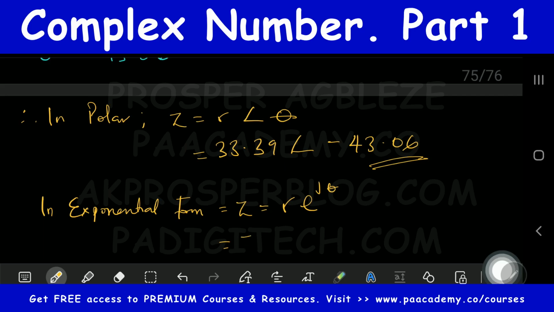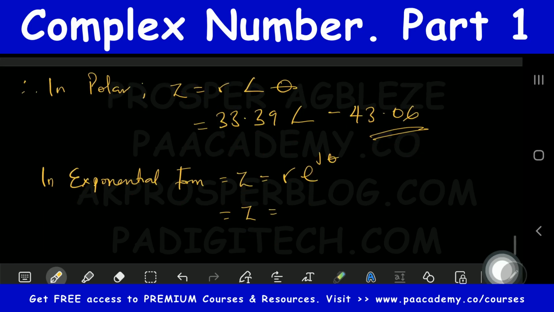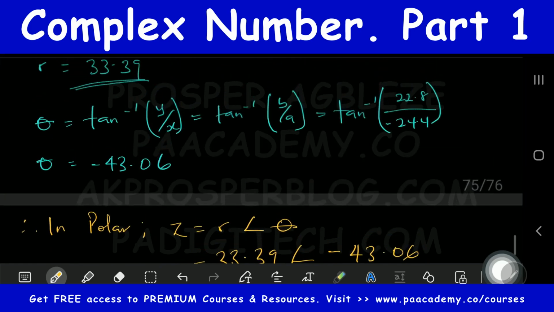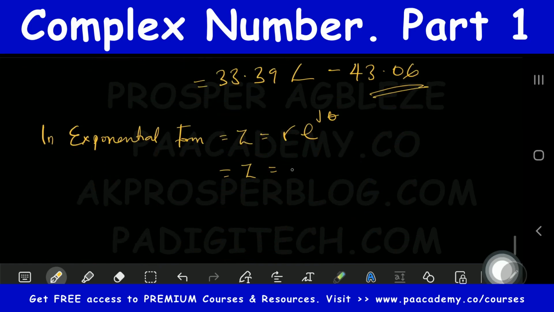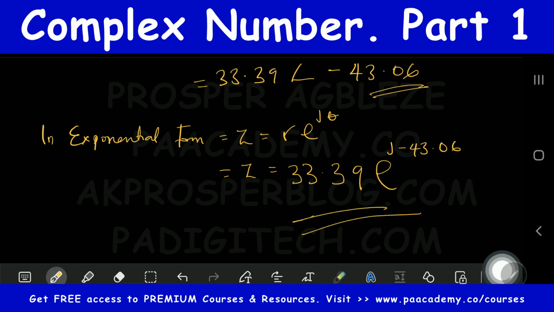So that means in exponential form, we've gotten our r again to be 33.39, then exponential j minus 43.06. And this right here is our answer. So right here is the solution to this question under complex number.